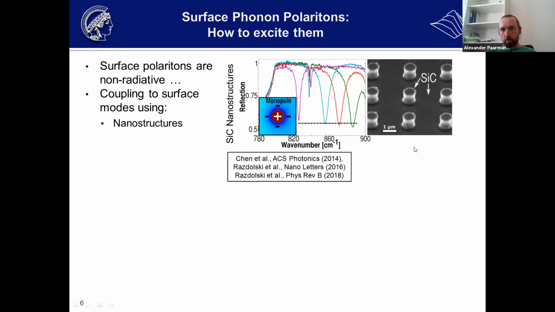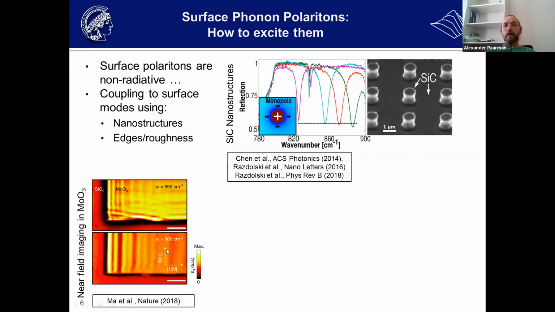The first one I mentioned already is subdiffractional nanostructures. You can basically just think of the scattering on objects that are smaller than the wavelength as providing sufficient, large momenta, because of the small structure, to couple to localized polaritons in this case.